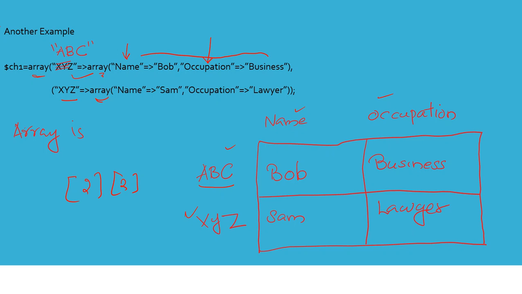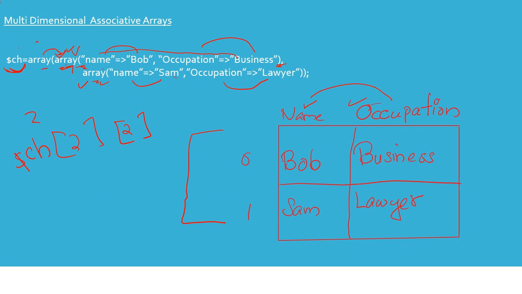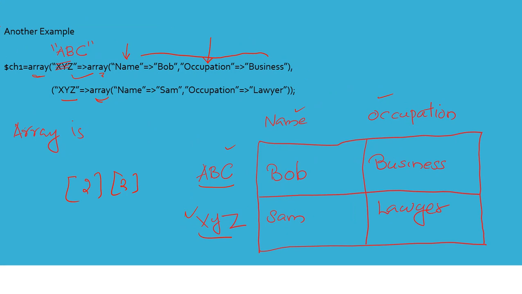So the second row can be named as XYZ. So this string value gives an array function that actually changes the scenario from here to here.